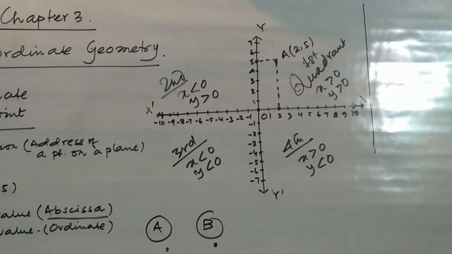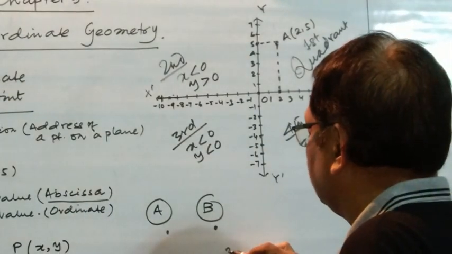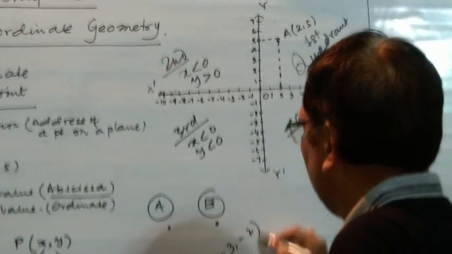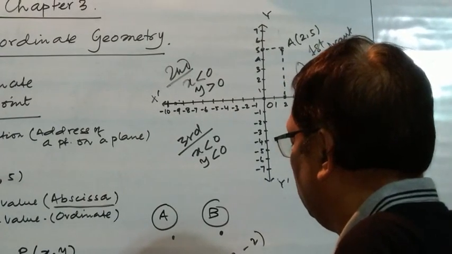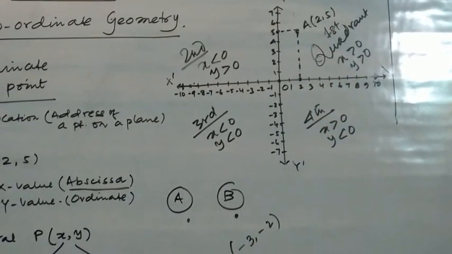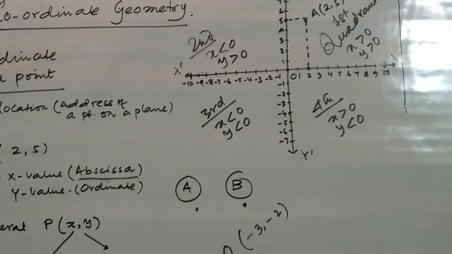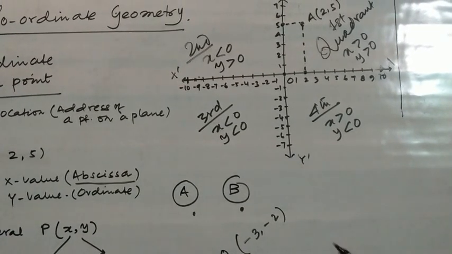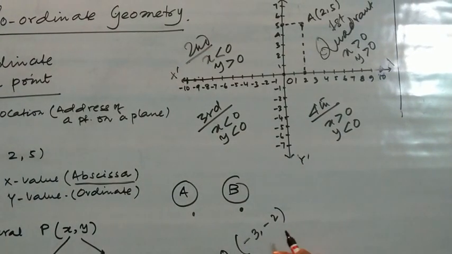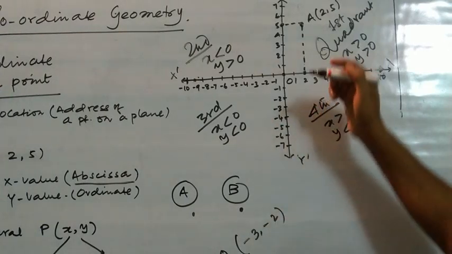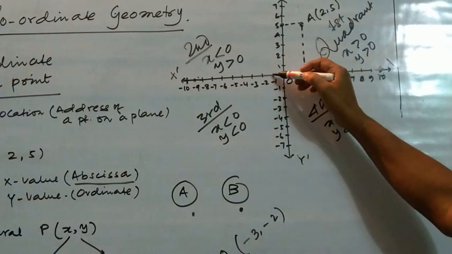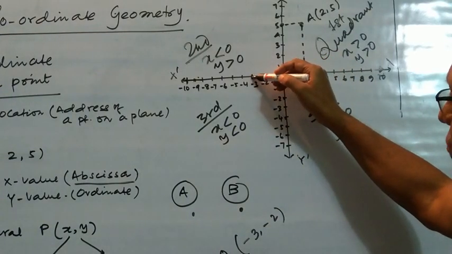Now in this way, suppose we are required to find the point -3, -2, and let this point be denoted as Q. We have to find the point Q whose coordinate is -3, -2. So -3 is the x value: -1, -2, -3, this one.